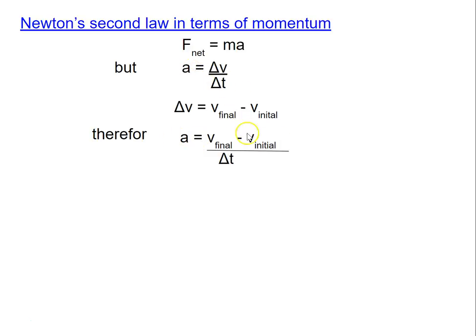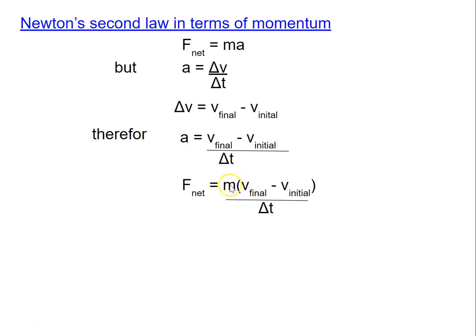So I have this equation. Now I can take my acceleration here and just substitute it into that equation so that I get F net is equal to m, and there is now my new formulation of a from this equation.